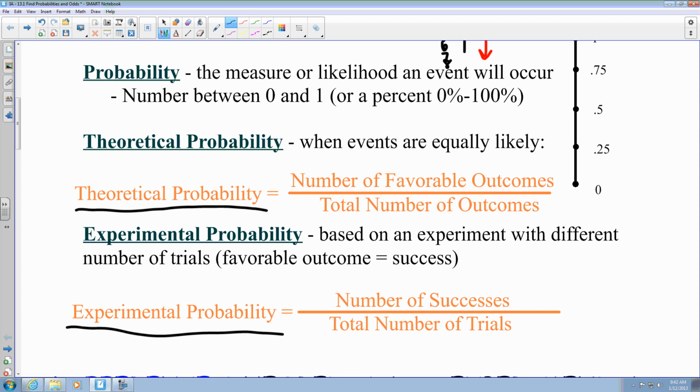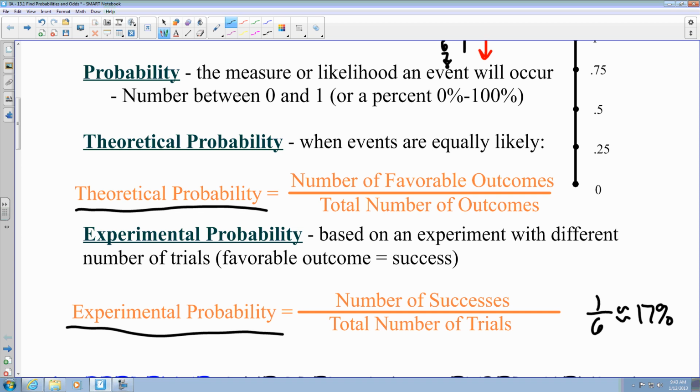Now, the theoretical probability of us rolling any of 1 through 6 was 1 out of 6, which is roughly 17%. So you have a 17% chance of rolling any of those numbers because there are 6 sides and you have one shot at getting any of those numbers.